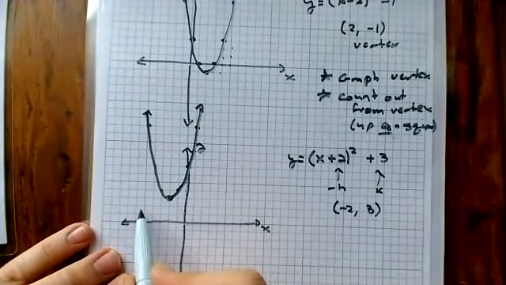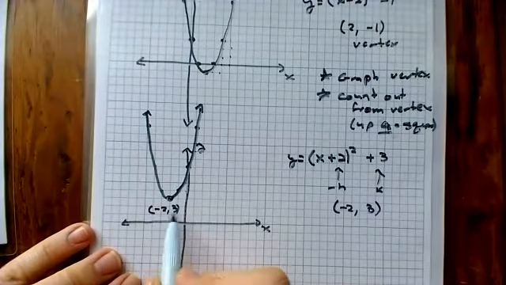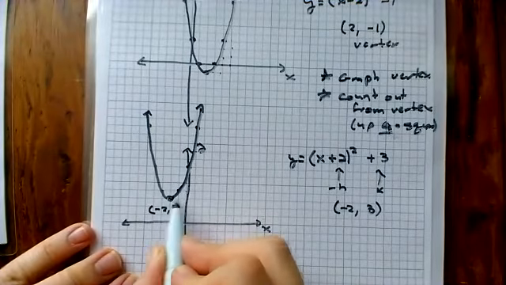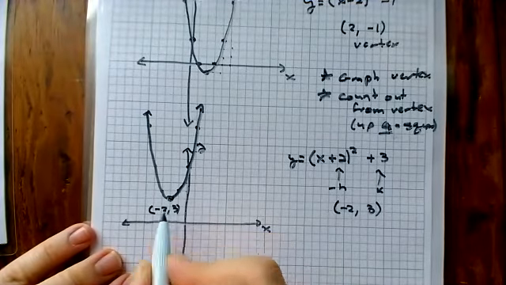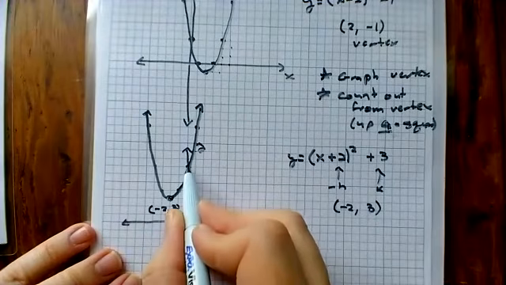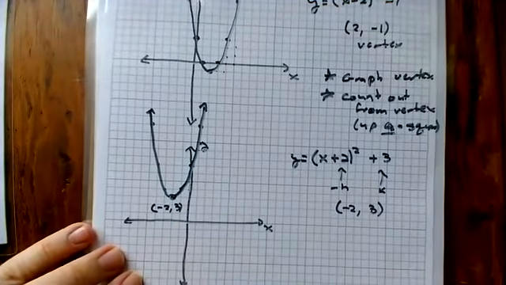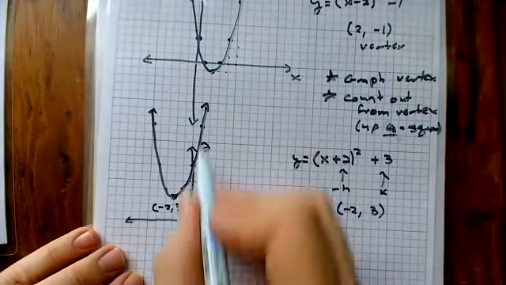So that vertex there, negative 2, 3, and every point, it moves out 1, moves up 1 squared. Moves out 2, moves up 1 times 2 squared. Moves out 3, moves up 1 times 3 squared.